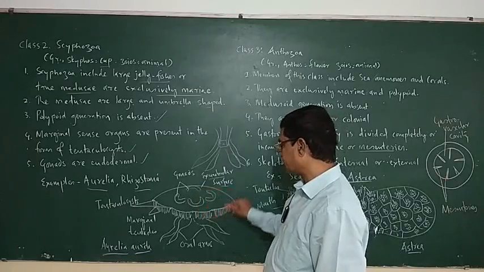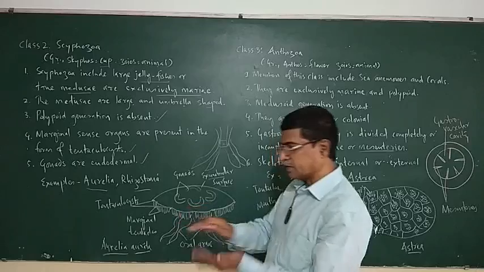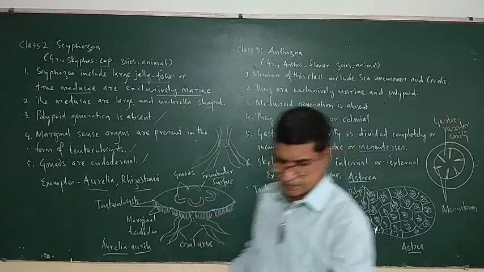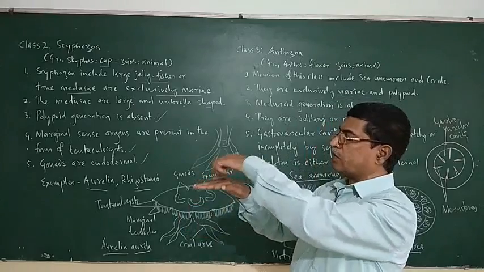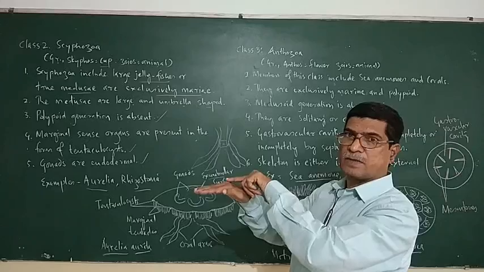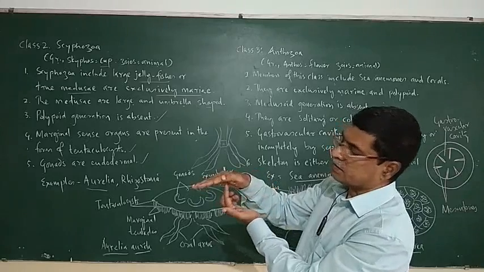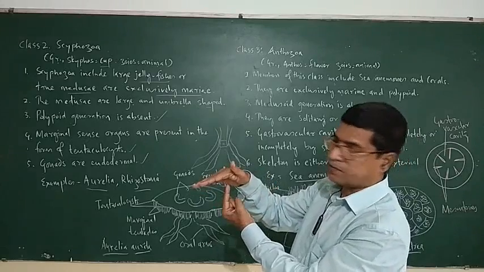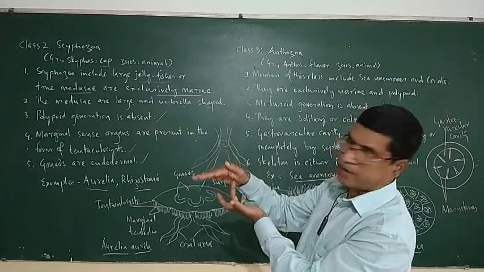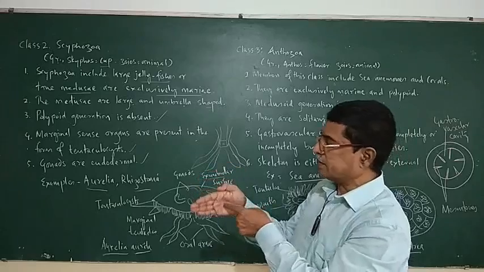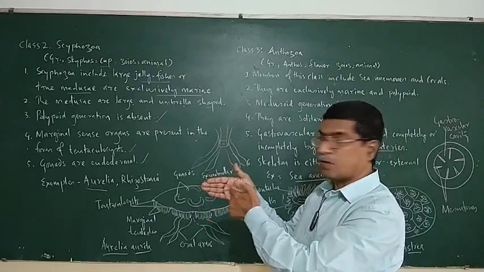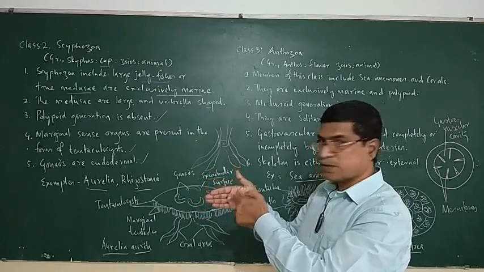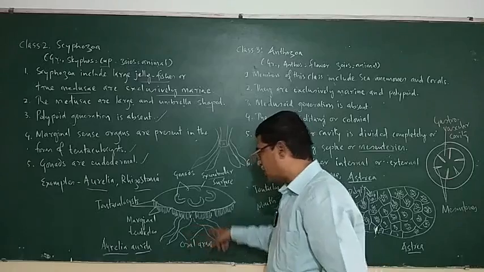So it has two surfaces. The convex surface is the ex-umbrella surface. This is the sub-umbrella surface or oral surface. This is the concave surface. At the center of this concave surface, the mouth is present. This mouth is surrounded by four oral arms.